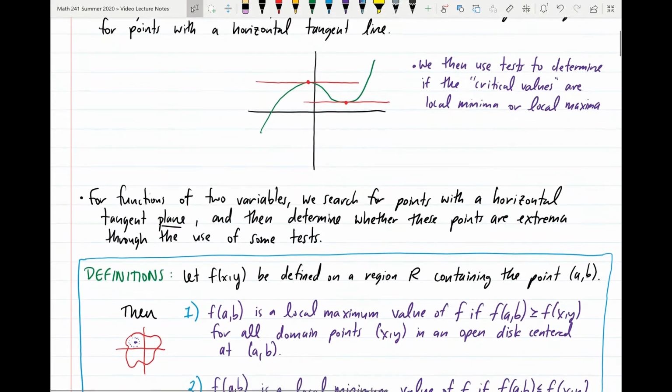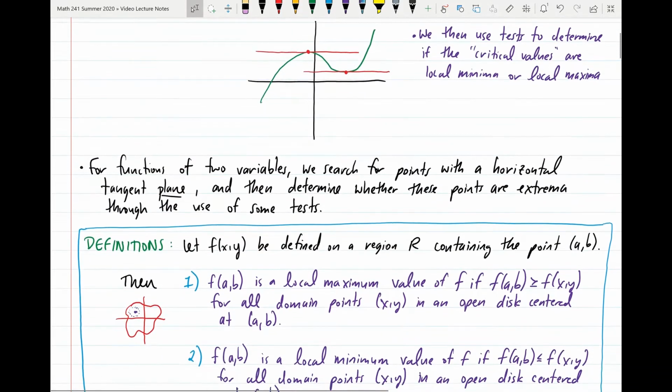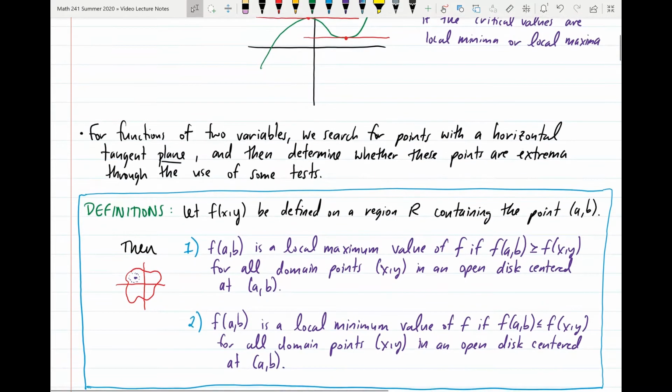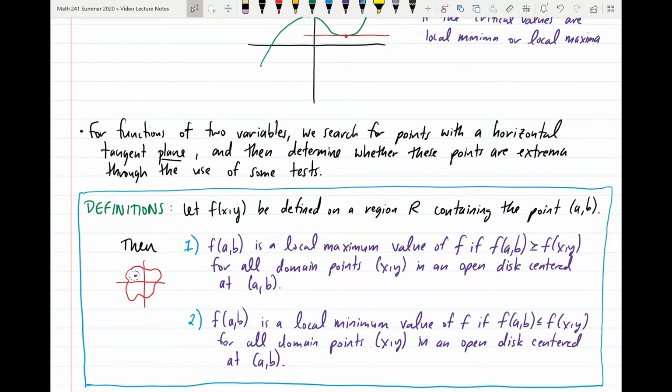In the case of functions of two variables, instead of searching for points with a horizontal tangent line, we search for points that have a horizontal tangent plane. So this time we have a function f of x y. It's describing some surface in space.